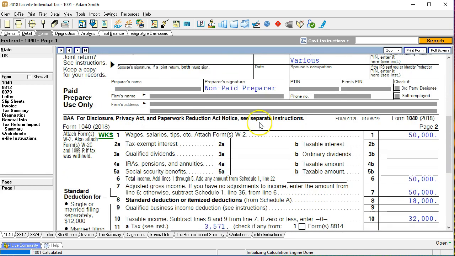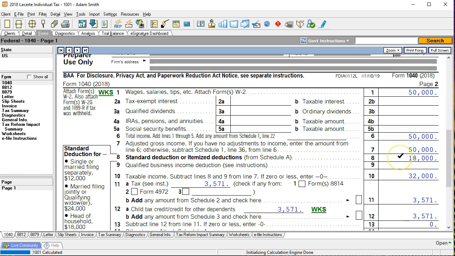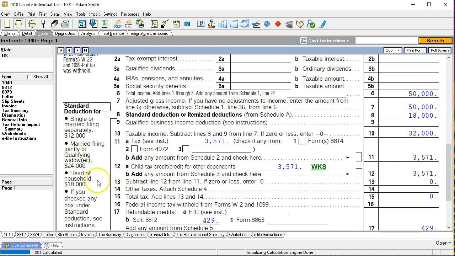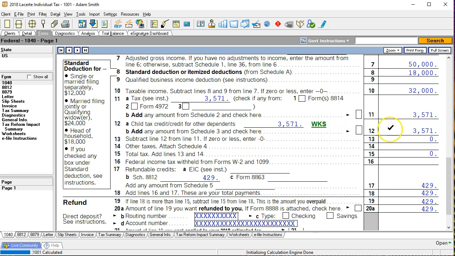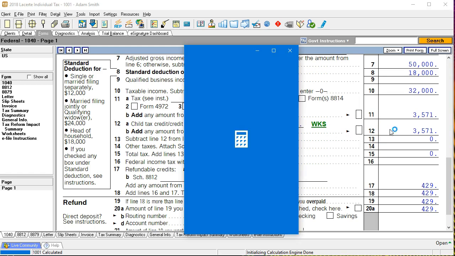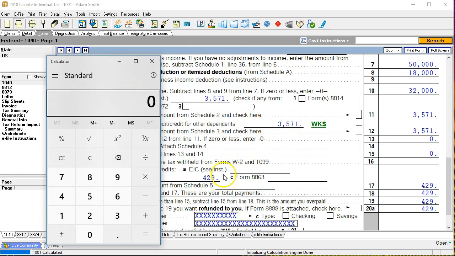And then there's 50,000 of income, we have the 18,000 standard deduction because of that head of household status. That brings us to 32,000, the tax 3,571. And of course the credit is going to be limited to the tax there. But then also there's a refund.